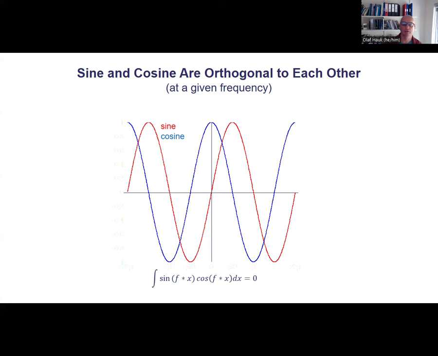If you multiply them, imagine them as vectors, also as an integral, then they end up as zero. That means they are orthogonal. But it's also important to realize that there are these two orthogonal functions at one particular frequency, the same frequency, just with a different phase.